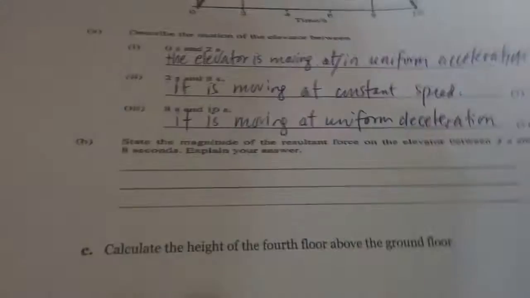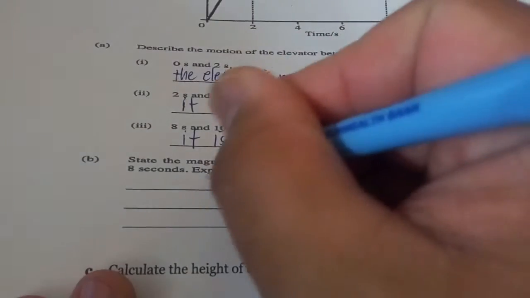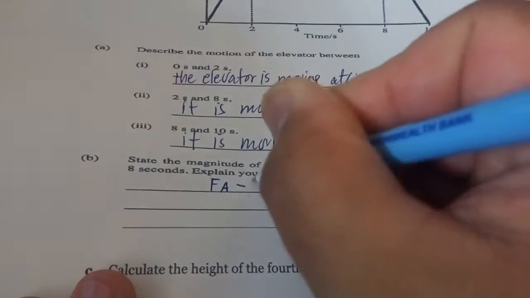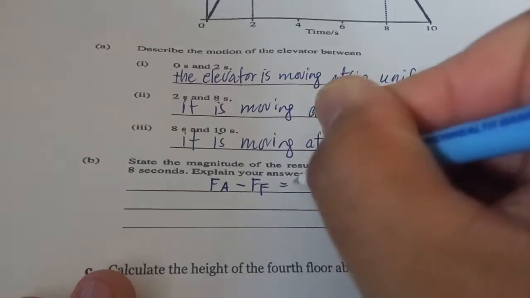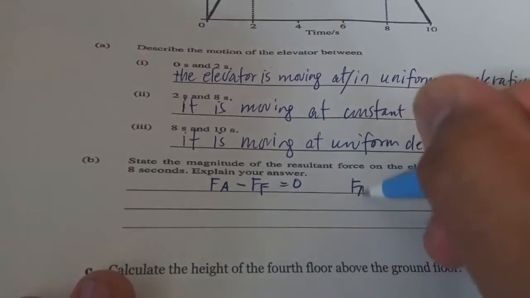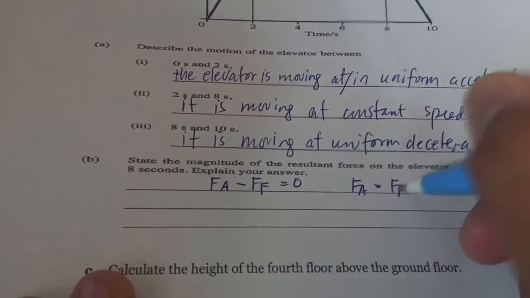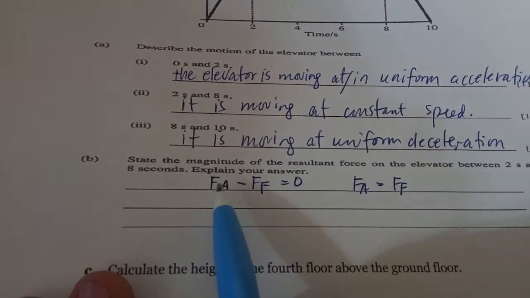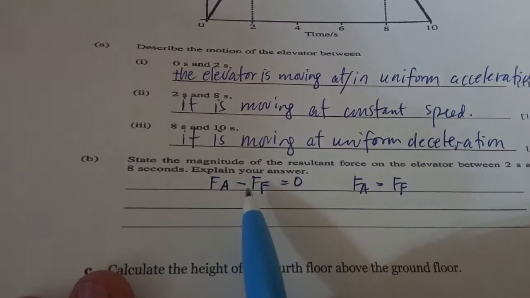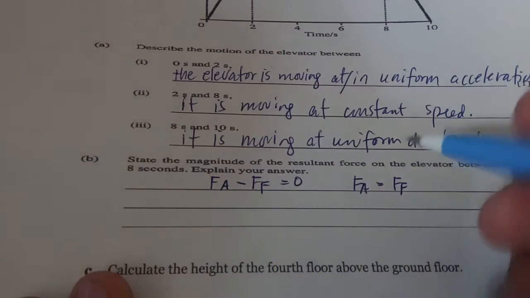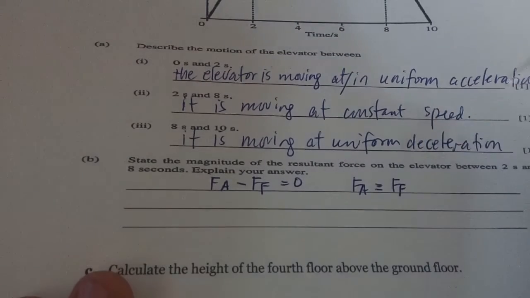So that can be written as the applied force minus frictional force is equal to 0. So the applied force is equal to the frictional force. Since the applied force is positive and friction is negative, when you subtract the two values, the answer would be 0.